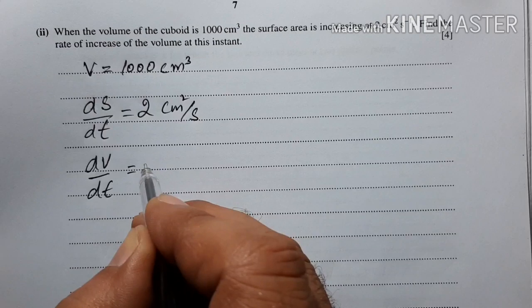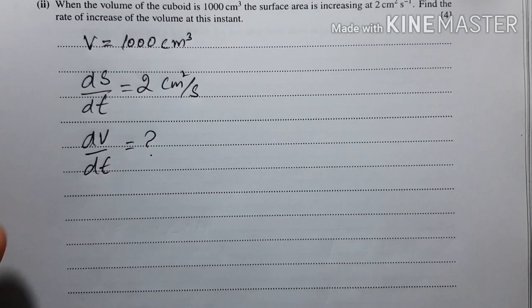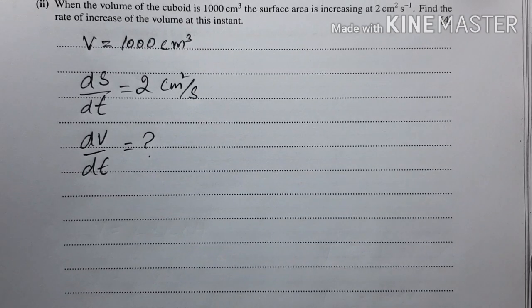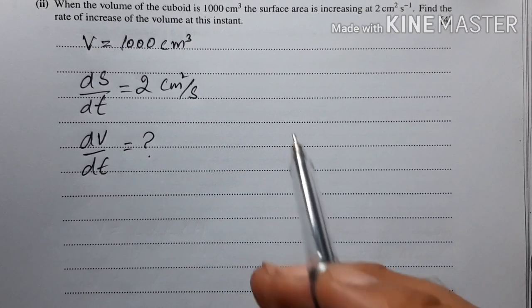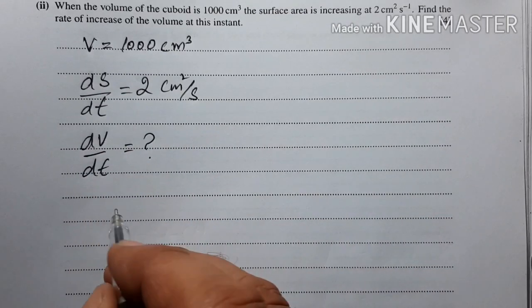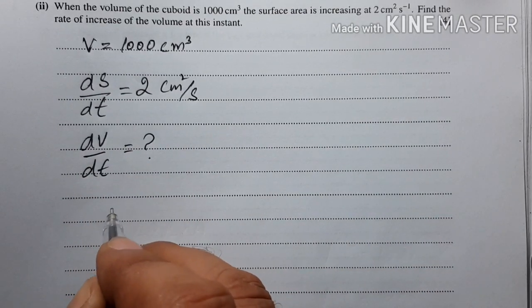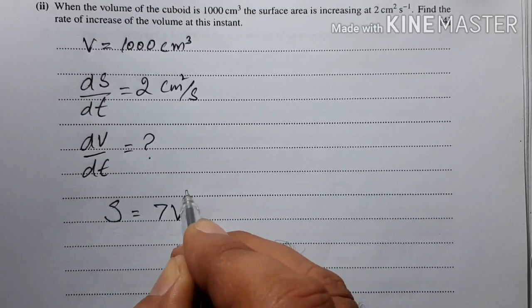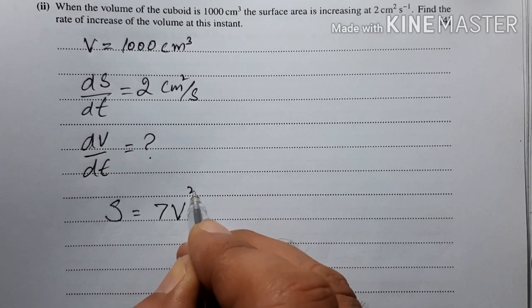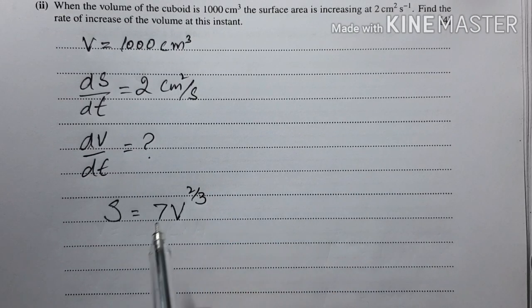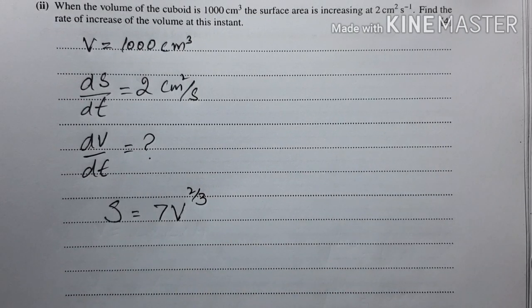So when you see the word rate, it means divided by dt. Okay, so if I look back to part 1, I know there was a relation S is equal to 7V to the power 2 by 3, which I have already shown in part 1, so I'll use this relation again.